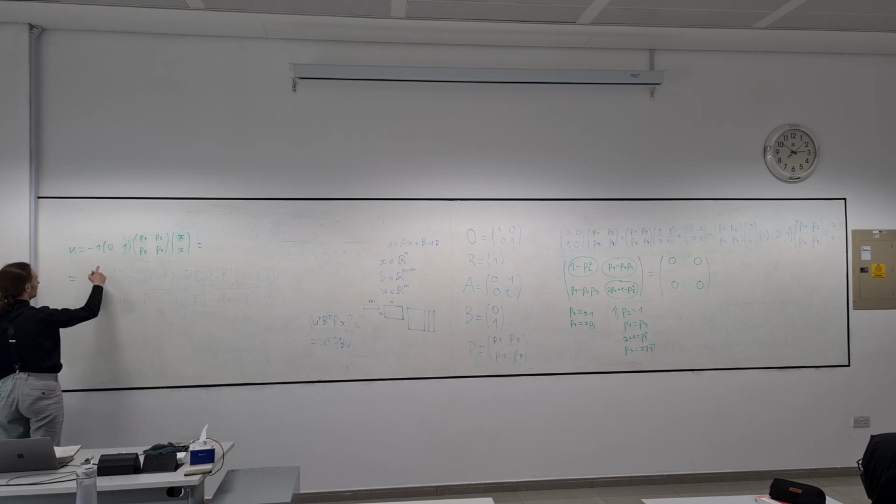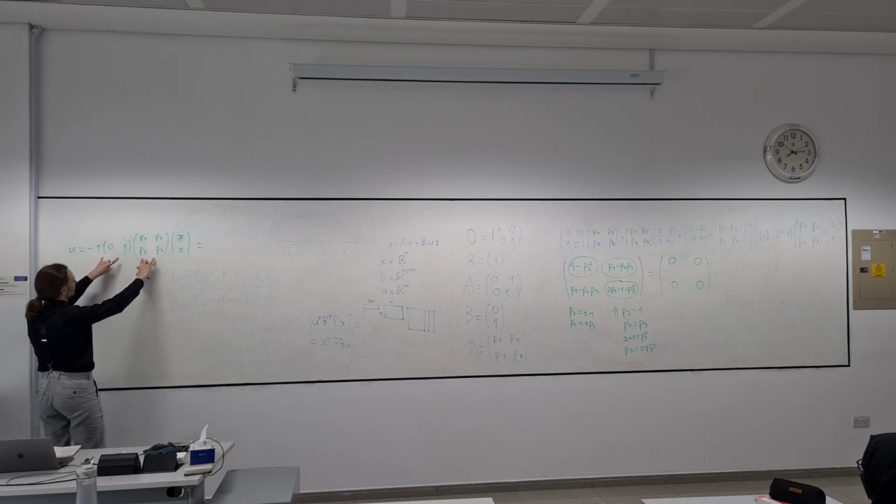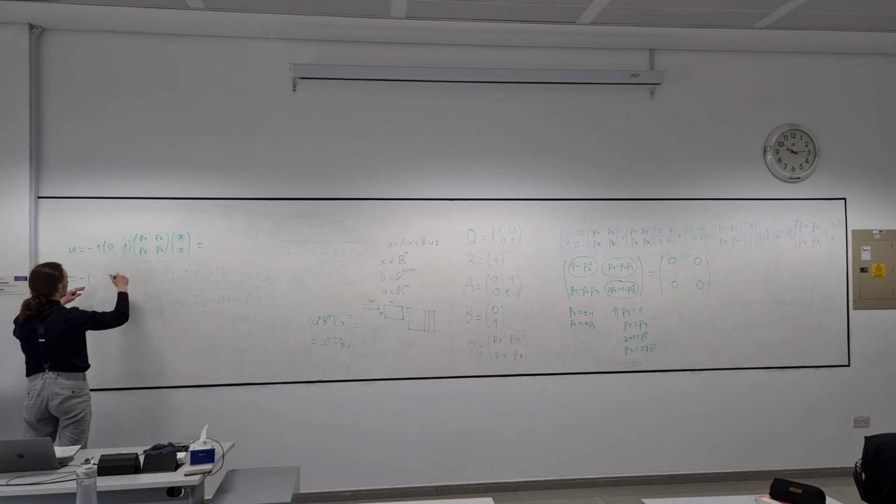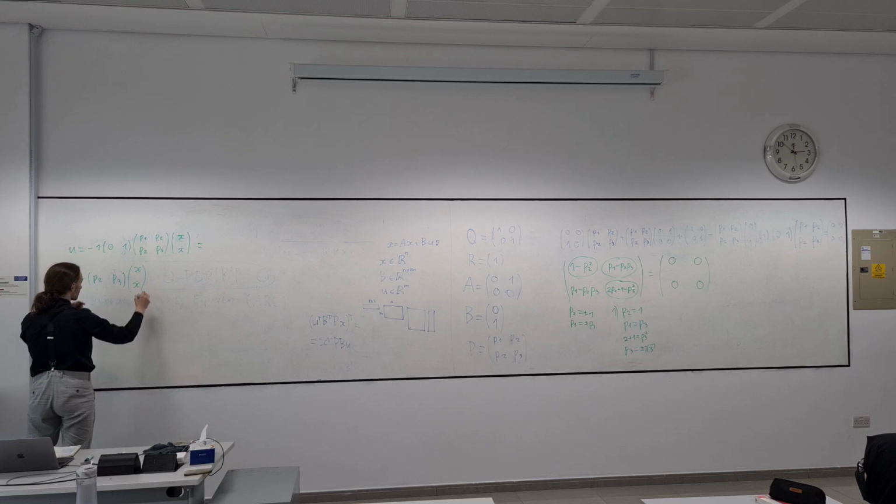So first, let's multiply these ones because it's similar. What we'll get is minus P2, P3 times X and X dot.